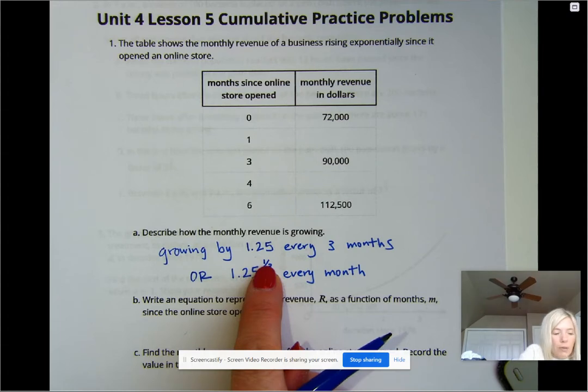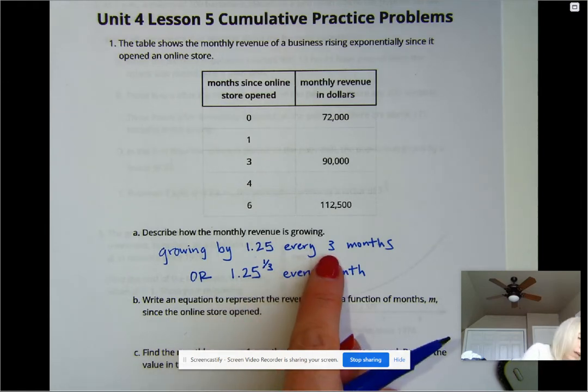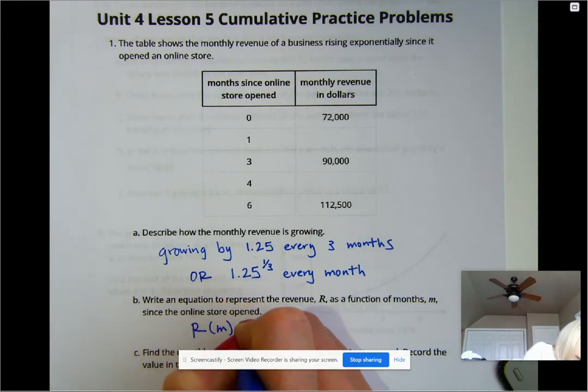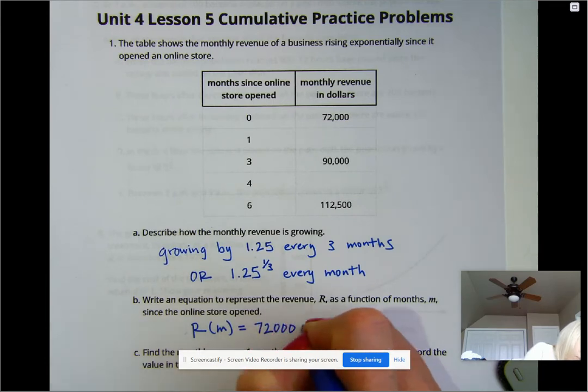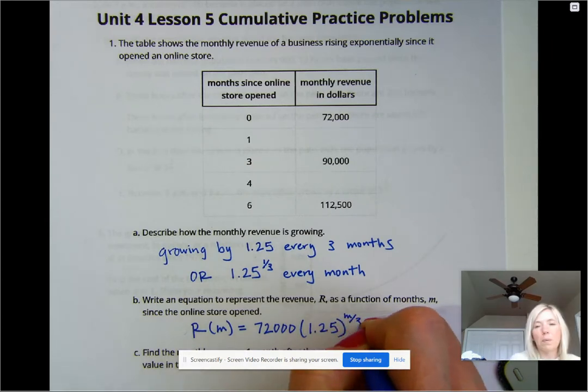Just have to divide by 3, since what we're given so far is information every 3 months. And so I'll say R of M using function notation. The initial amount, 72,000. The factor, 1.25. And then I'll say M divided by 3 for the exponent.